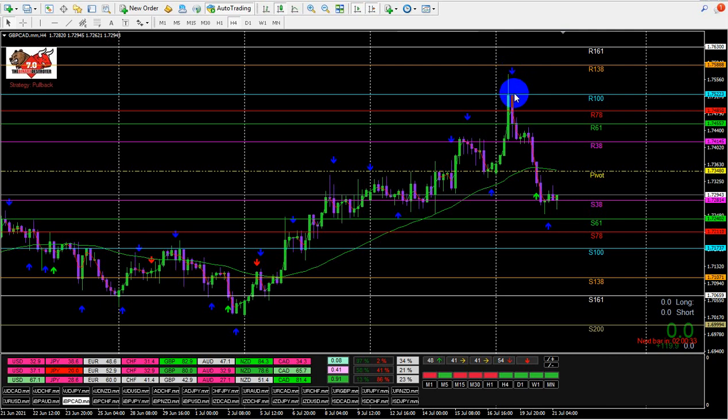So I've opened a trade. Why? Because I'm at 1100. This was a good spot for me. I don't want to lie. I opened at 100 and placed my sell stops here at 138, 161, 178 and 200. I placed my sell stops there.